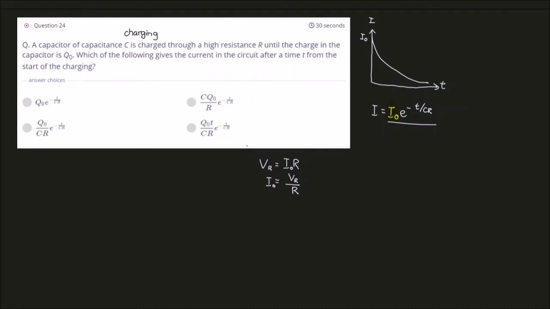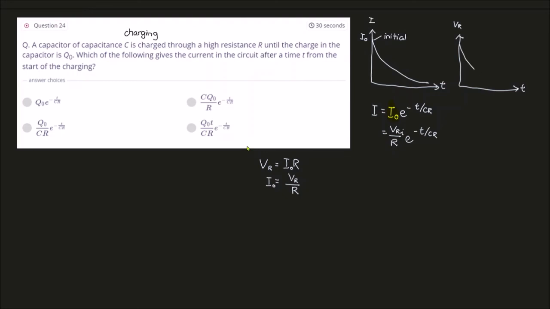So now you can change the equation to be VR over R, e to the power of negative t over CR. Of course, this voltage across the resistor is the initial voltage, because this I naught is initial, so it should be based on the voltage across the resistor at the initial stage.